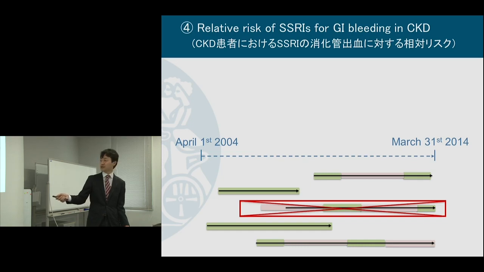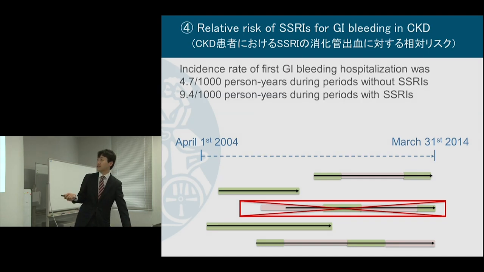So even if I follow them up later, they are unlikely to have GI bleeding. So this patient could bias the association between SSRI and GI bleeding. According to his advice, I decided to exclude this patient and conducted an incident user study design.